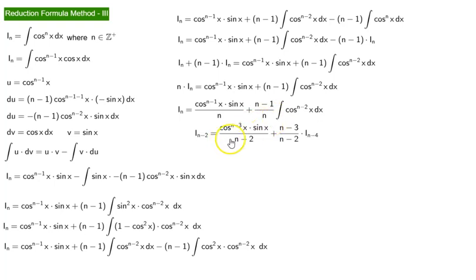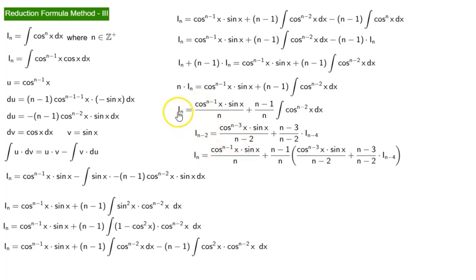So integrating this by again applying the reduction formula, we get I_(n-2) is equal to cos to the power of n minus 3 x sin x by n minus 2 plus n minus 3 by n minus 2 times I_(n-4). So recursively we keep doing it and keep substituting it. So in I_n, let's incorporate I_(n-2).